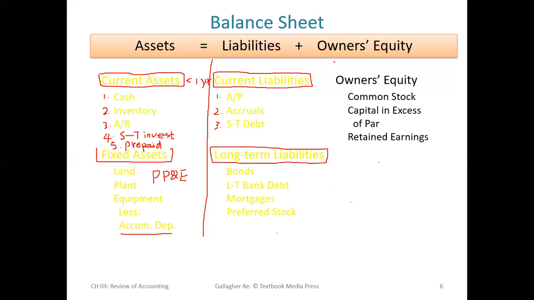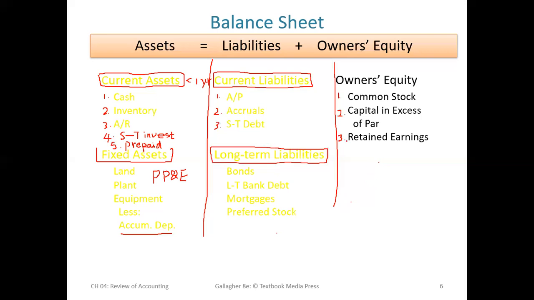And the rest is owner's equity, including common stock, capital in excess of par, and retained earnings, the profit you kept in the company.